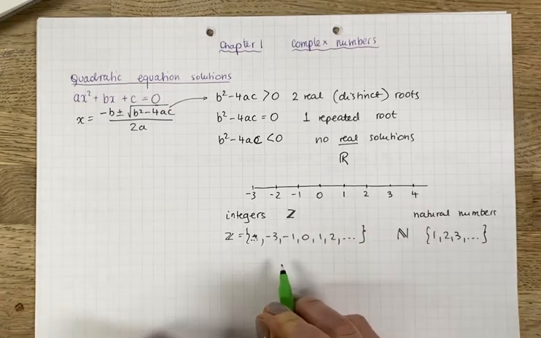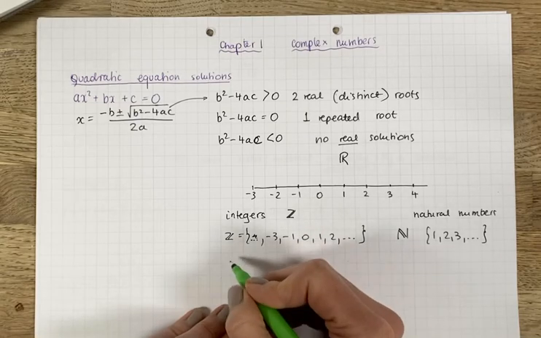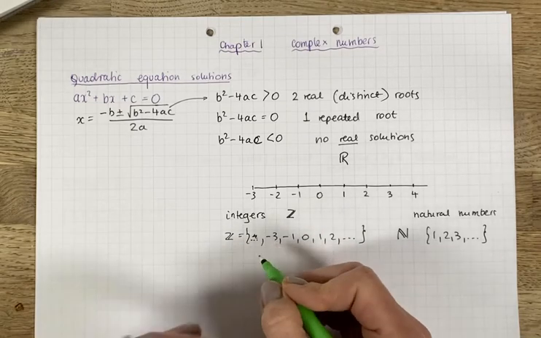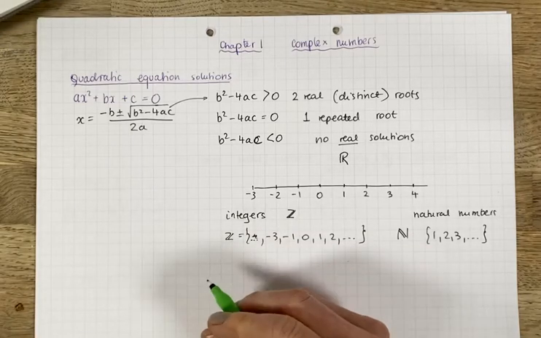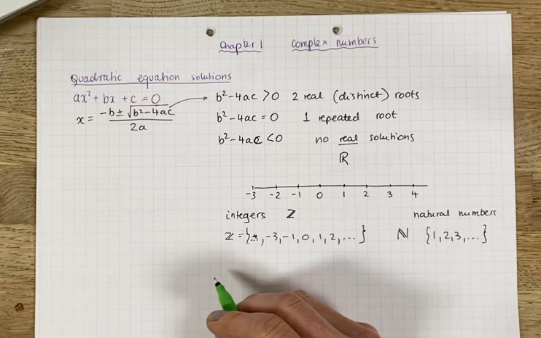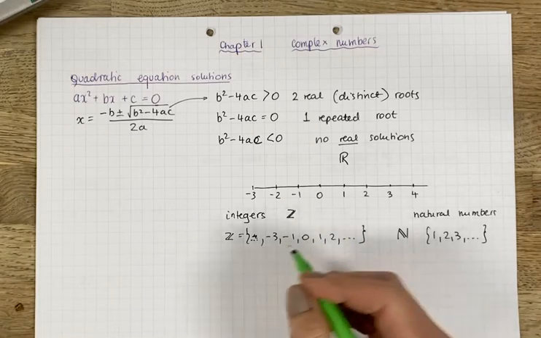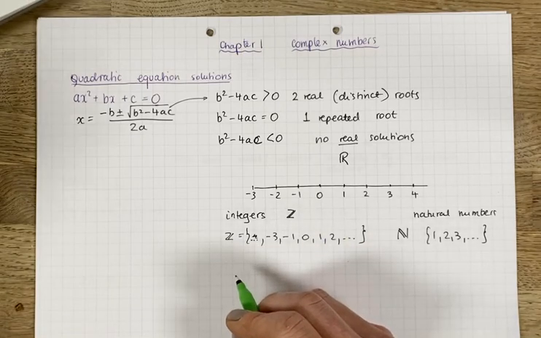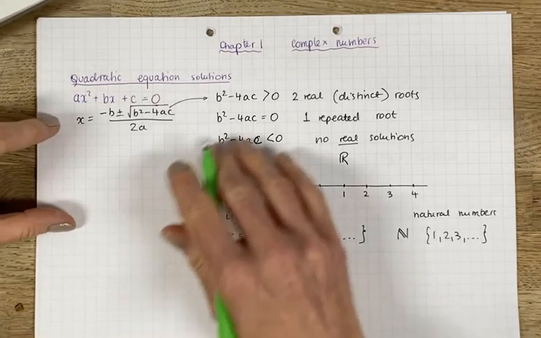Okay, you also talked about rational and irrational numbers. The ones that can be expressed as a fraction are your rational numbers, and the ones that cannot be expressed as fractions are irrational numbers. So like pi, you will find out about the special number e. These are your irrational numbers, but they are all real values.